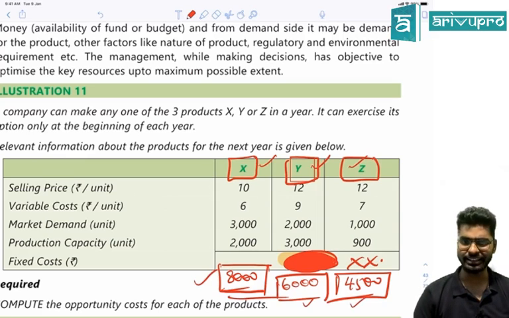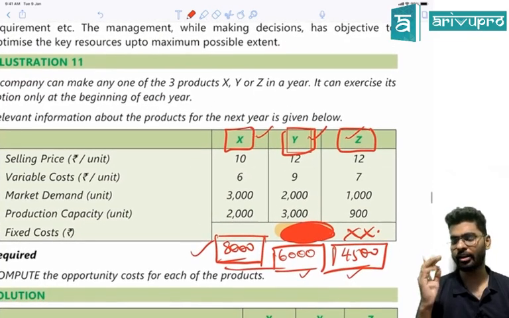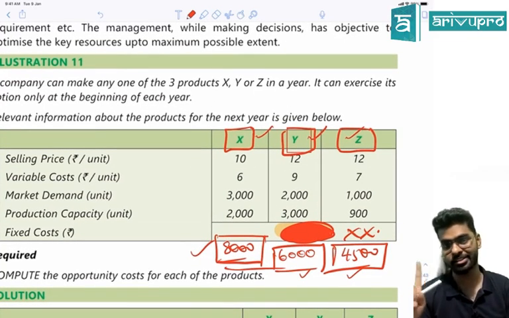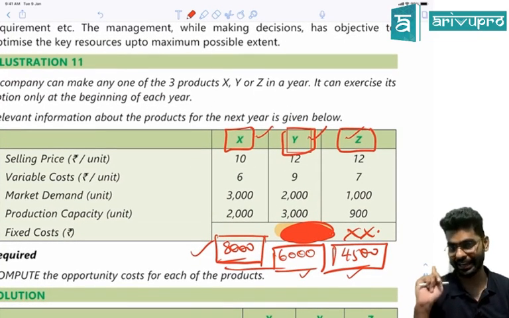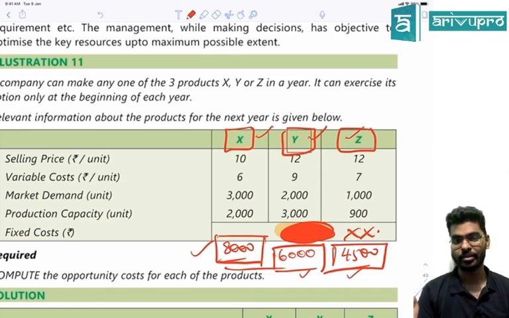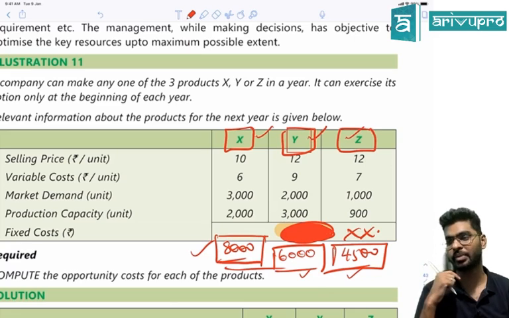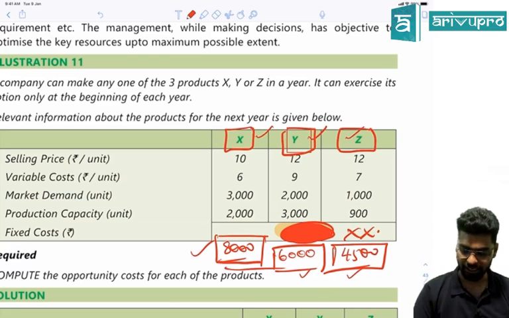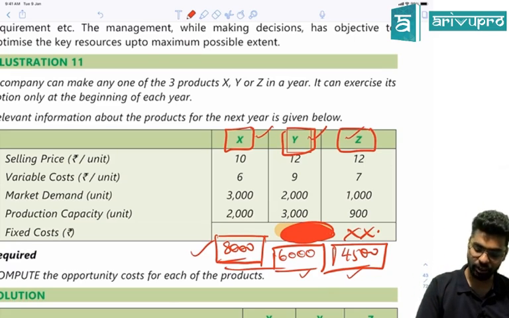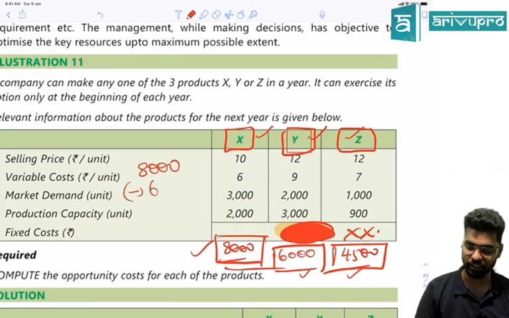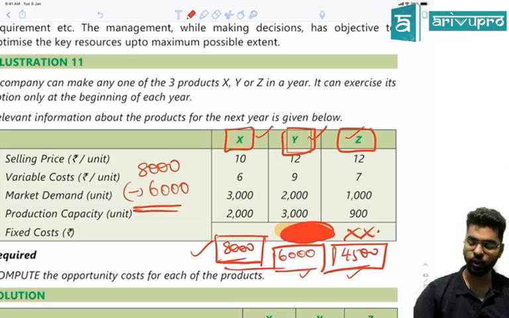But practically, which is the one? See, I can only take one decision, yes or no? I can only produce one product. Which is my next best alternative? If I produce X, which is my next best alternative? So for the 8,000 I make, I am going to be losing 6,000 of opportunity cost. If I produce Y, what will happen?